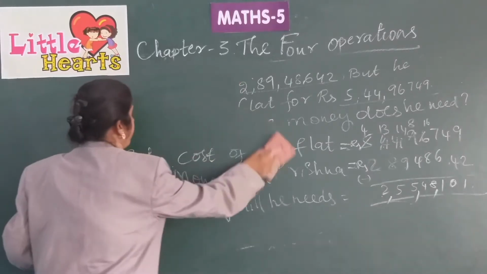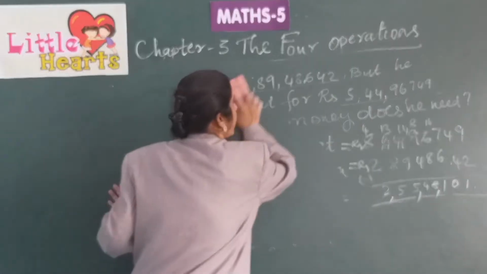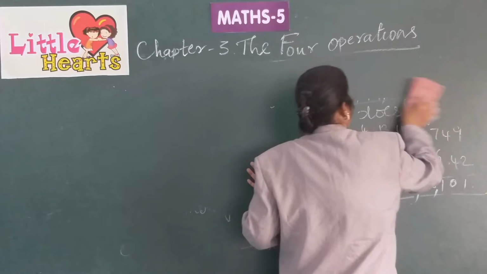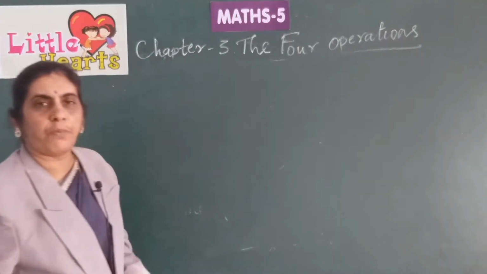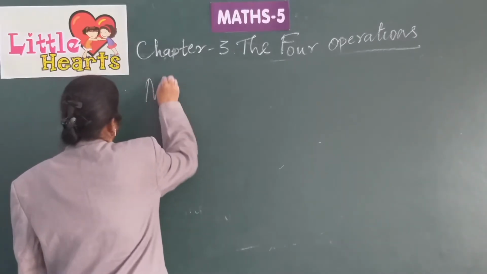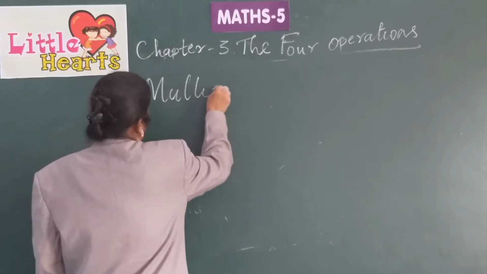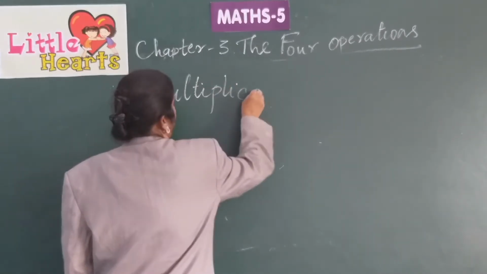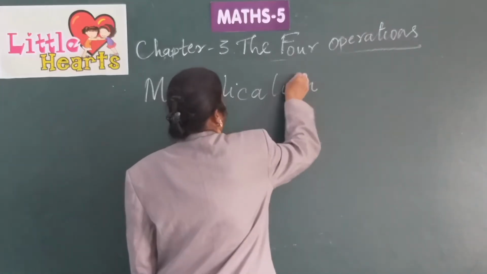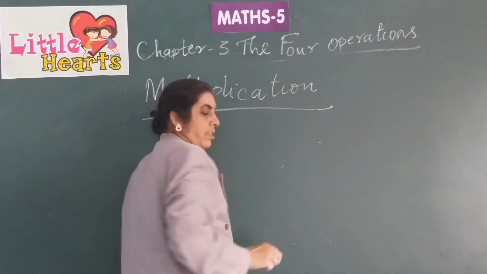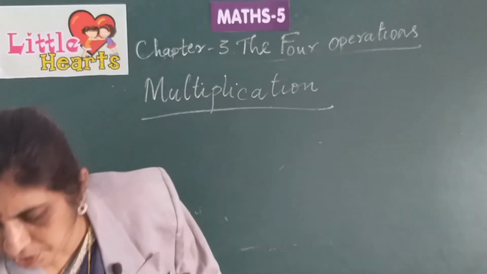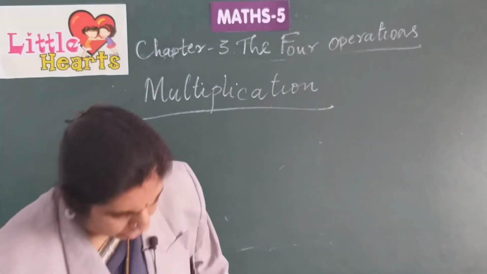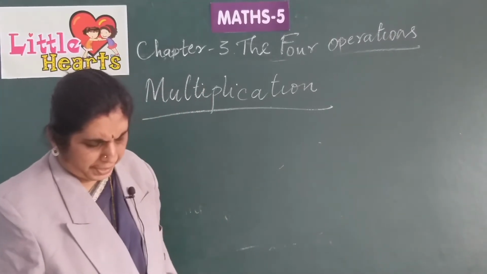Multiplication of large numbers is the same as the multiplication of small numbers. The process is the same, but just the number of digits increases. Multiplication is nothing but repeated addition. It is the shortest way to do repeated addition.